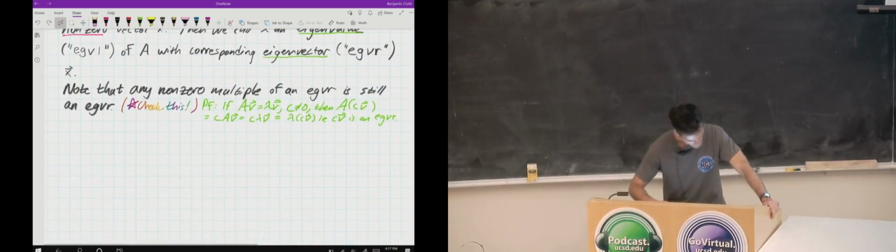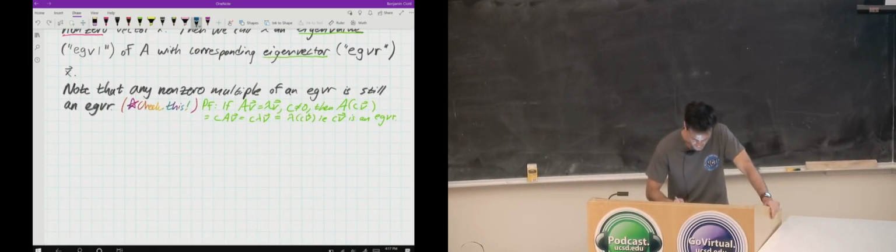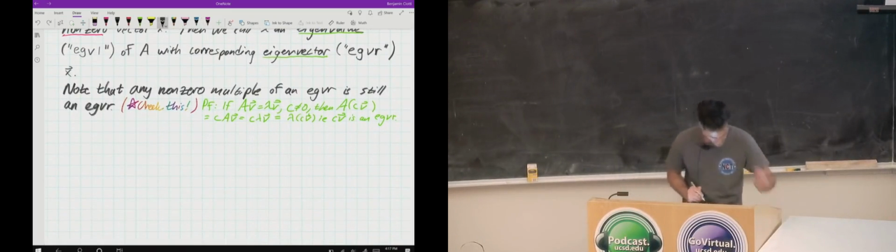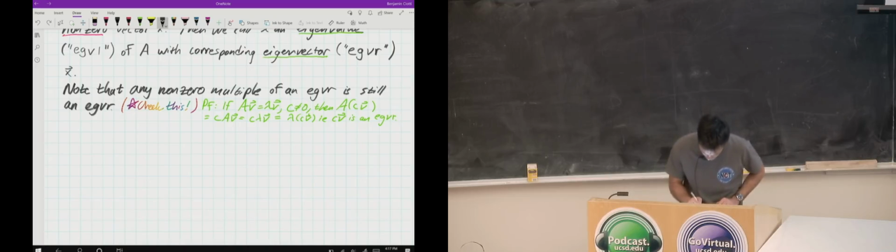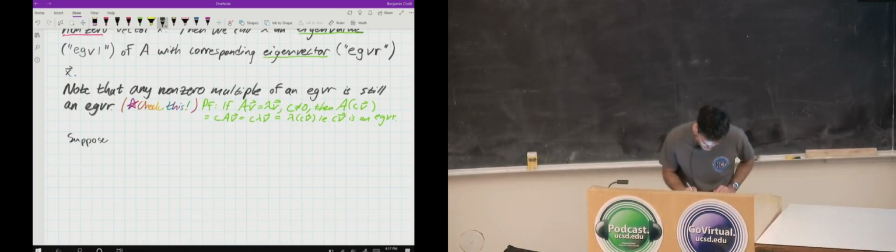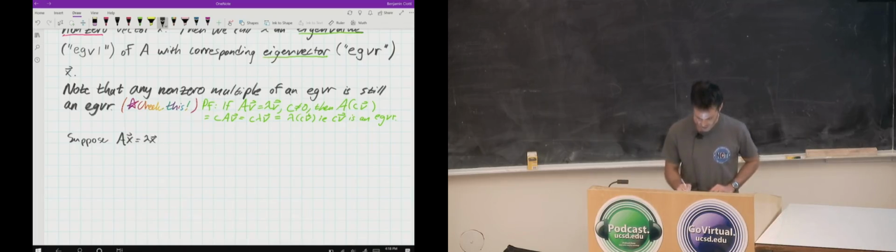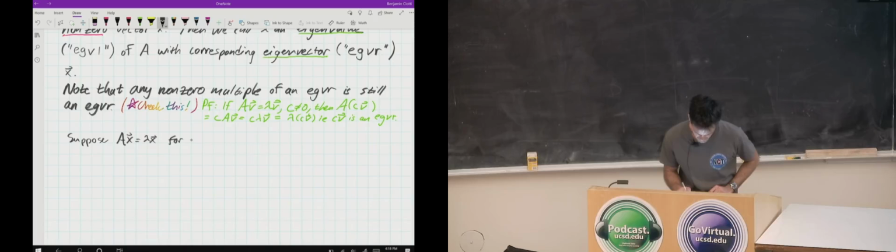So, how do we find them? How to find eigenvectors is you start by writing down the eigenvector equation. Let's suppose that A times x is equal to lambda times x for some non-zero x and scalar lambda.